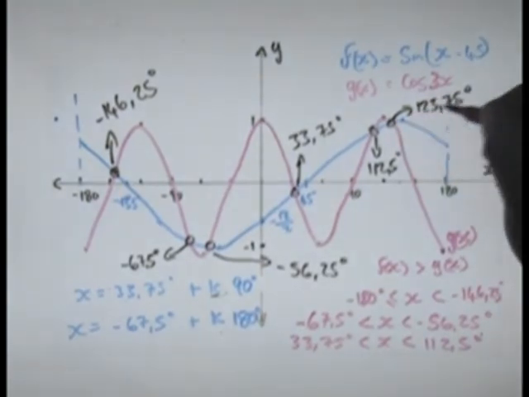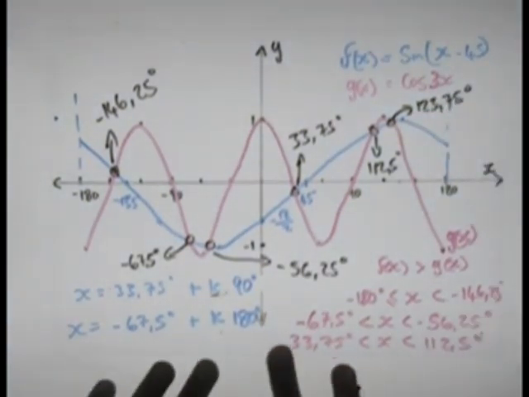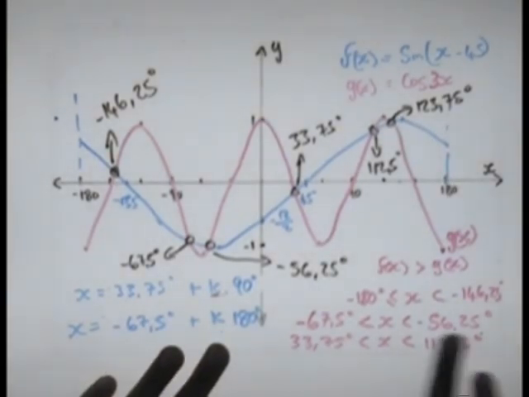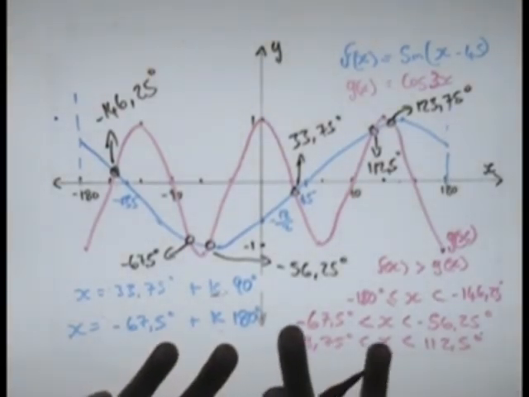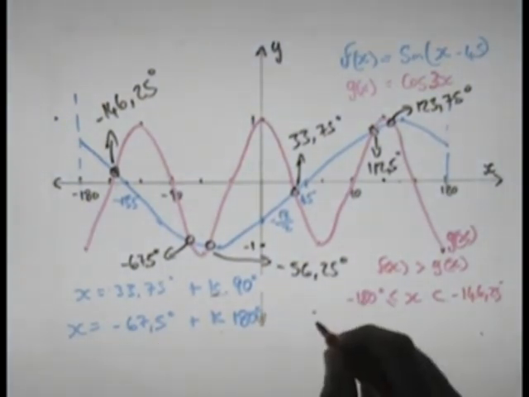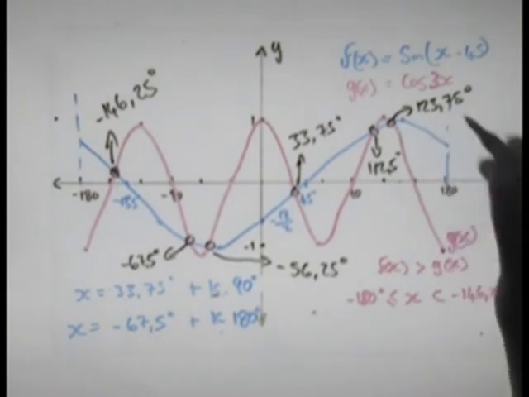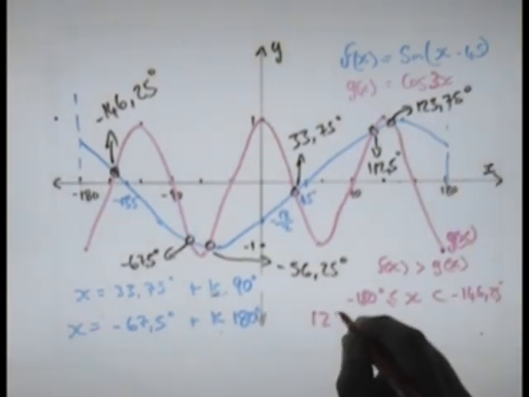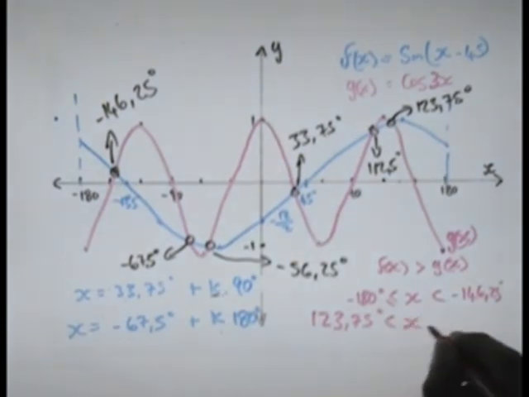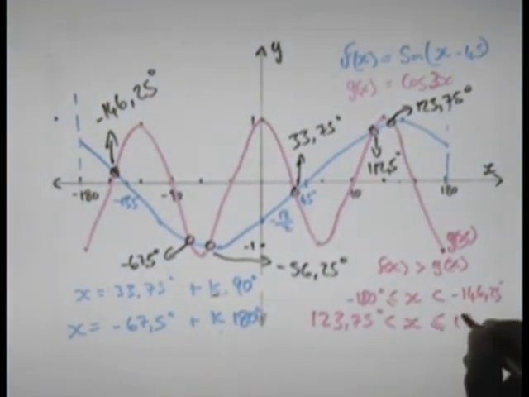And our last instance, I'm just going to erase this. Make sure that you've copied all of this down, by the way. The other point is going to be over there. From x is greater than 123.75 degrees but less than or equal to 180 degrees.